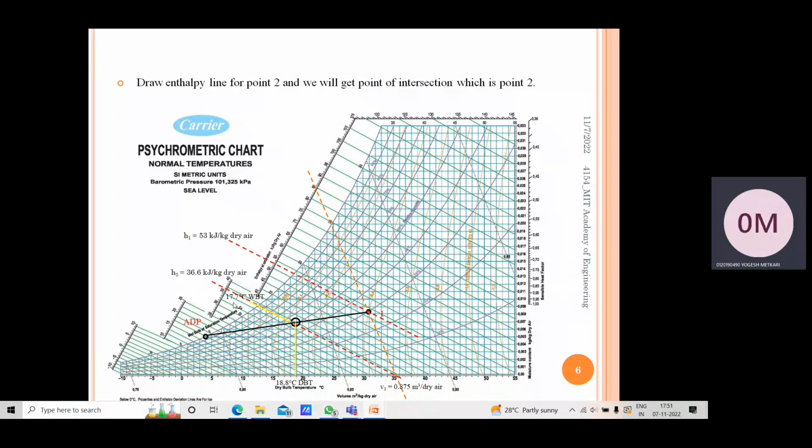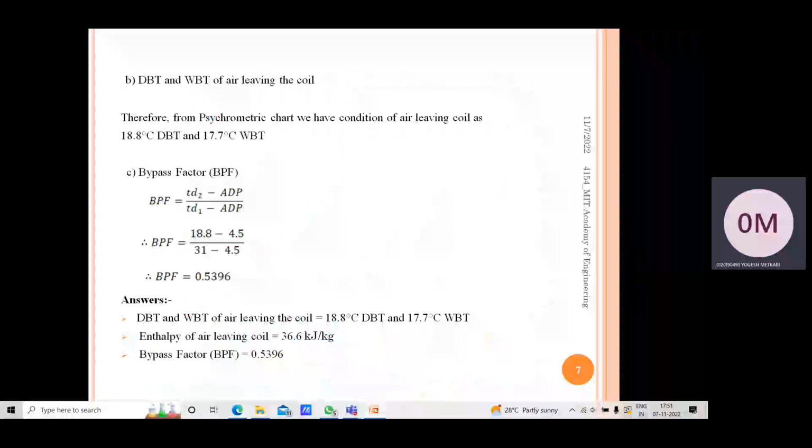So WBT we get 17.7 degrees Celsius around. So these are nothing but the condition of air after passing through the cooling coil. So from the psychrometric chart, we get the condition of air leaving the coil as 18.8 degrees Celsius DBT, dry bulb temperature, and 17.7 degrees Celsius WBT.